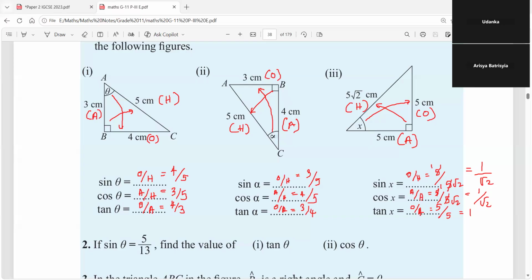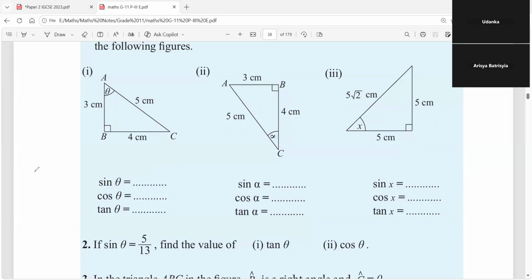Okay, right. Okay, you can write like that. Clear? That's the main thing that should be followed.